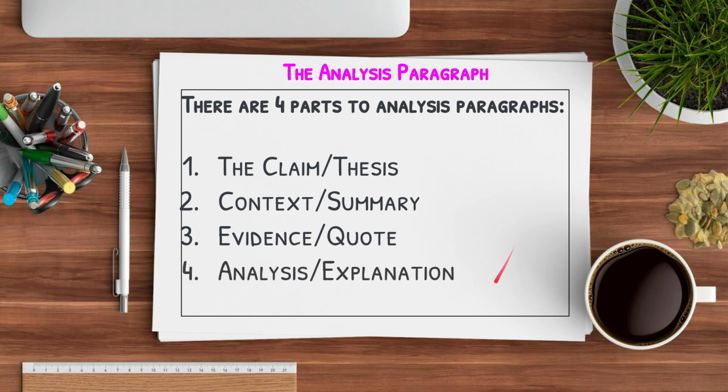Then part 4 is the analysis, or your explanation of the quote. How does that quote prove what you said in your thesis or your claim? So these are the 4 parts of an analysis paragraph. You should have that filled in on part 2 of your notebook time assignment sheet.